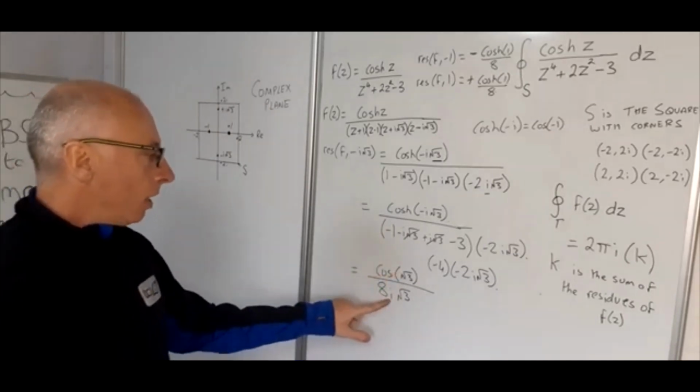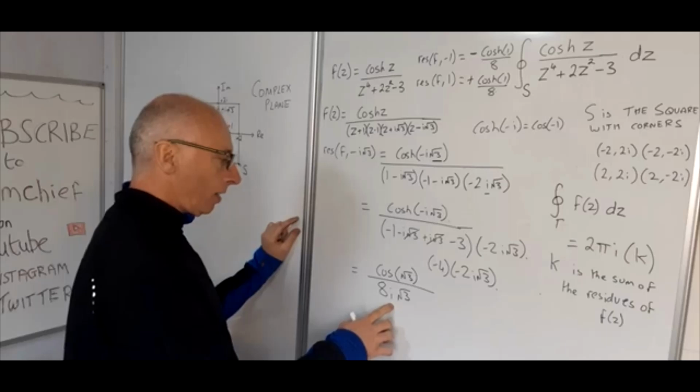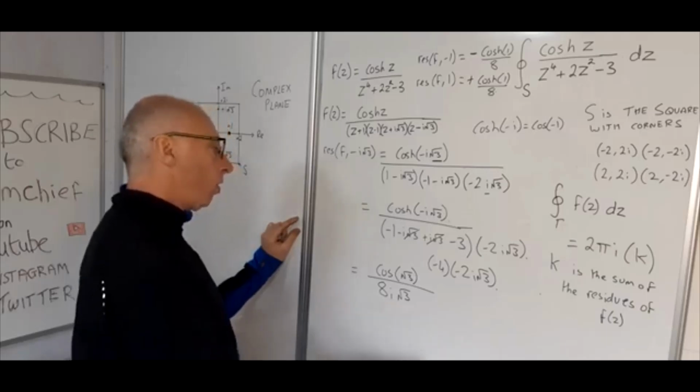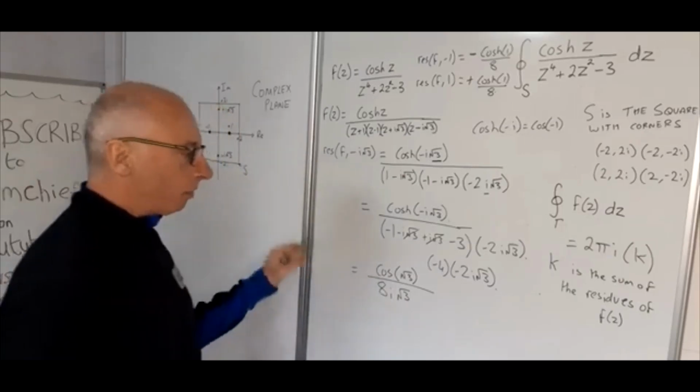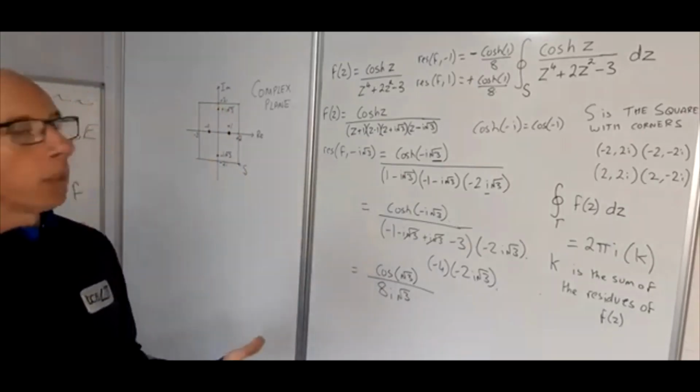Now this 8i root 3, I could leave this in the denominator, or I could bring it up top and write this as minus i cosine square root of 3, which is how I'm going to write it.